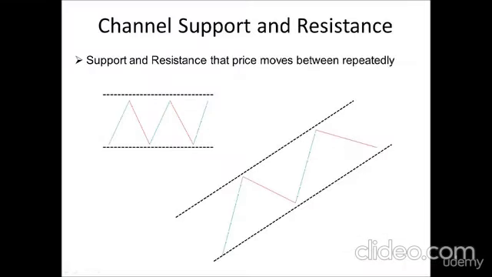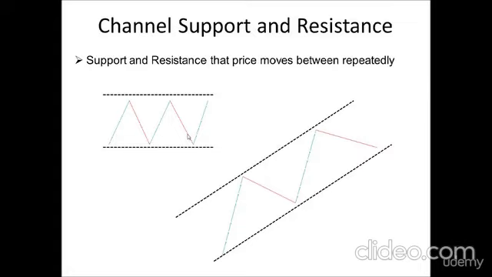Let's now look at channel support and resistance. Channel support and resistance is a concept when price moves repeatedly between a support and resistance area. If you're familiar with a ranging market, this is a type of channel support and resistance, where price is bouncing continually off a support and resistance area.